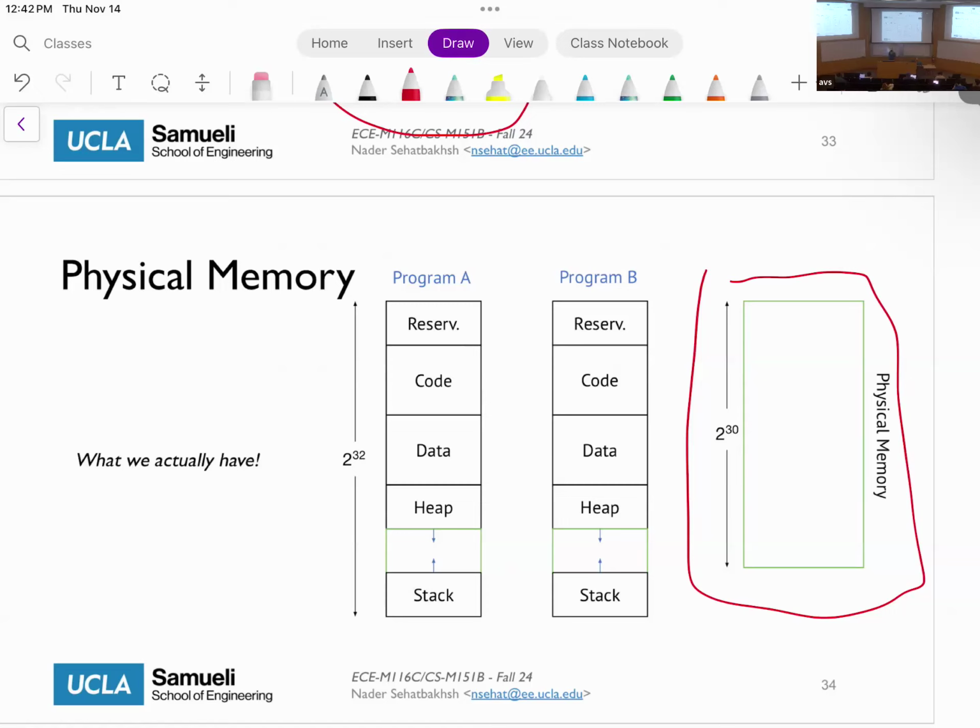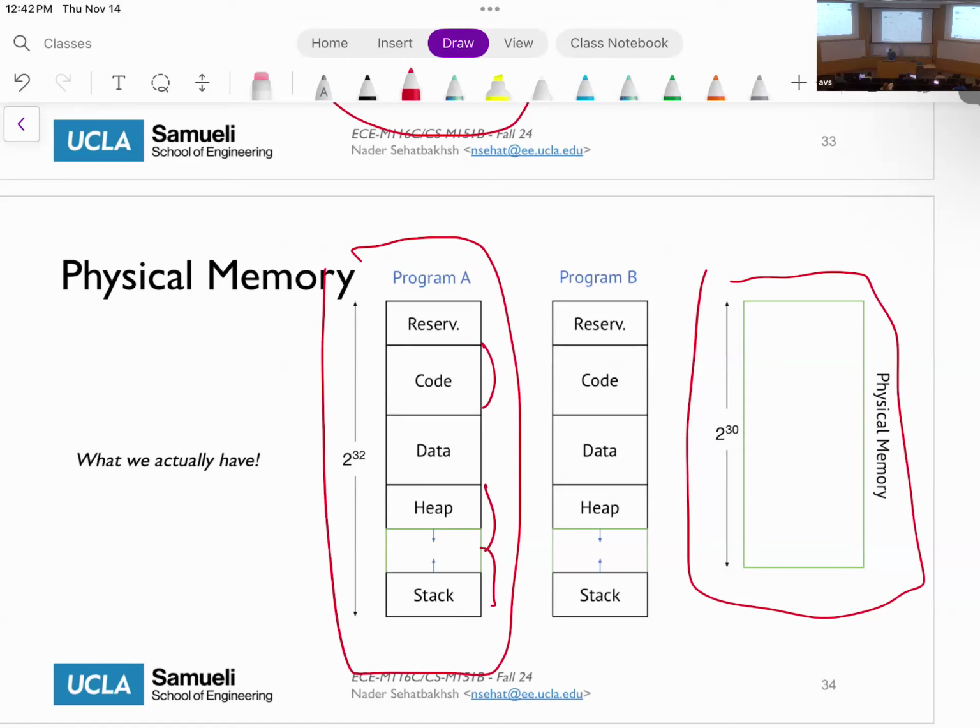Okay? So if I actually look into these programs, although, for example, I have this space for my code, this space for my heap, or this space for my stack, the actual allocated pages in my physical memory is significantly less. That's why I can run multiple programs at the same time. Okay? But at some point, my memory might fill up, right? So for example, if you open like 10 Chrome tabs, at some point you will see that your computer is no longer responding.